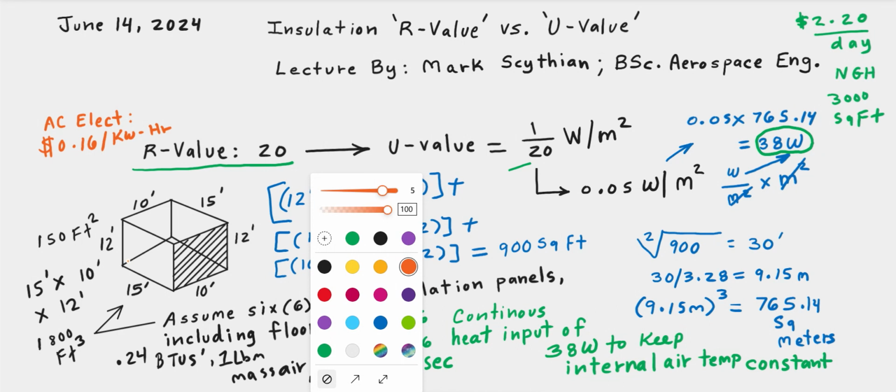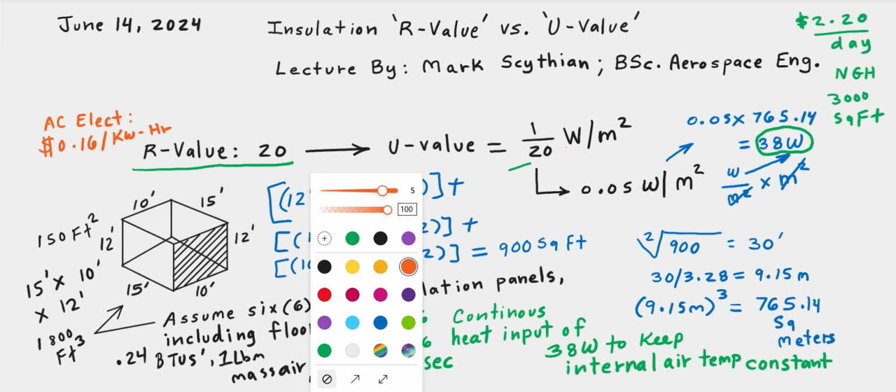So like length 15 feet, width 10 feet, and height to ceiling 12 feet. So that's 1,800 cubic feet. And then let's say the air density is 0.068 pounds per cubic foot. That translates to 122.4 pounds of air that we have to stabilize and keep at a constant temperature using our value of 20.